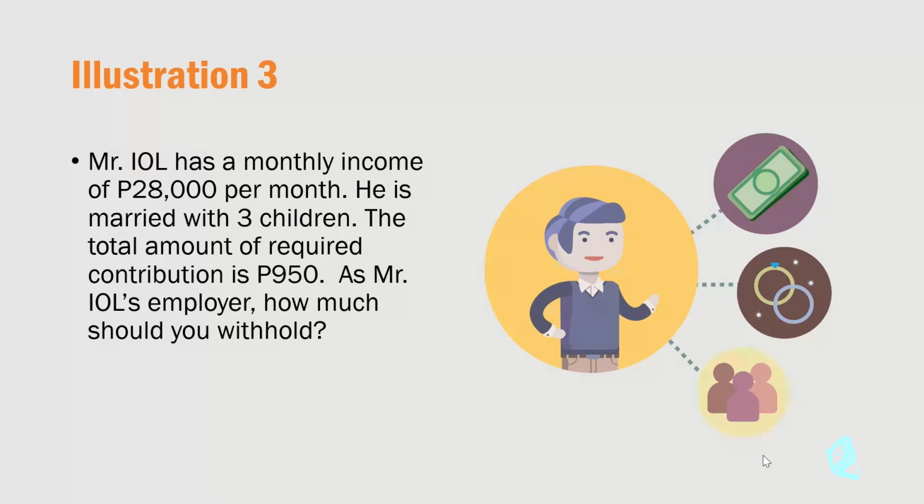So first things first here, you have there the monthly income, and you are given the information regarding his civil status, which is married, with the number of dependents. And because of the TRAIN law, this is no longer relevant. So you could ignore that statement. The total amount of required contribution is 950.